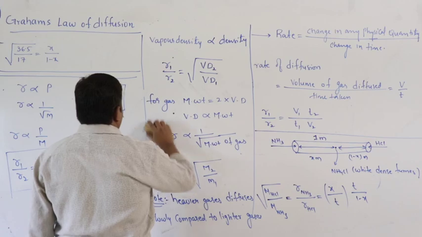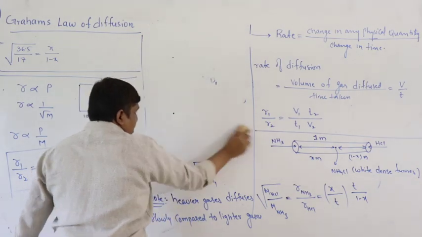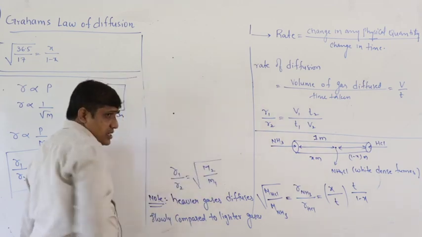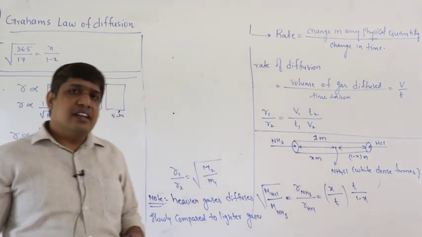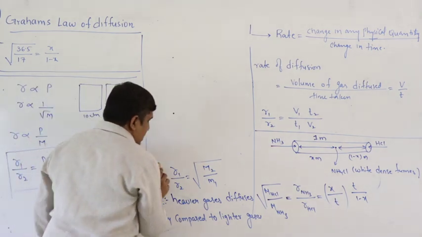Similarly, if temperature is not constant, then what happens? With increase in temperature, kinetic energy increases. With increase in kinetic energy, rate of diffusion increases. The speed at which they move also increases.